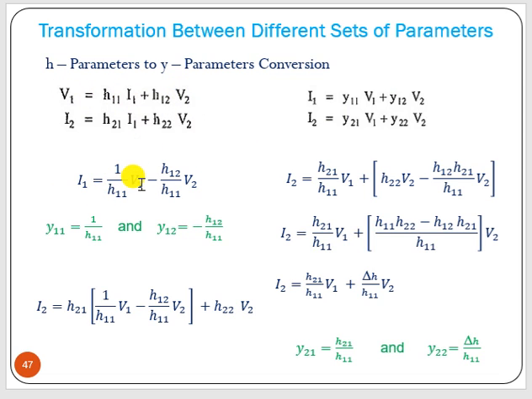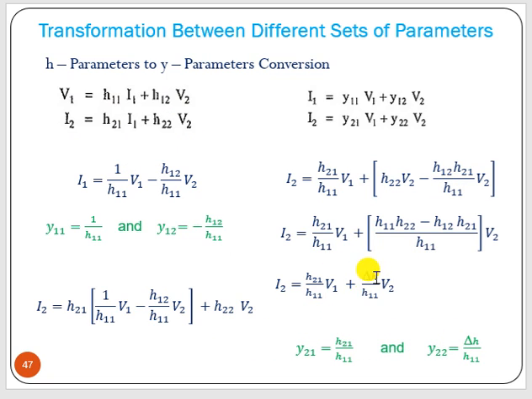Nothing but V1 times 1 by H11 minus H12 by H11 times V2. So comparing this with the particular equation, what we got is Y11 equals 1 by H11 and Y12 equals minus H12 by H11. Now in the I2 equation we can put this I1 value and write in terms of V1 and V2. If you solve it, you will get the Y21 and Y22 values.